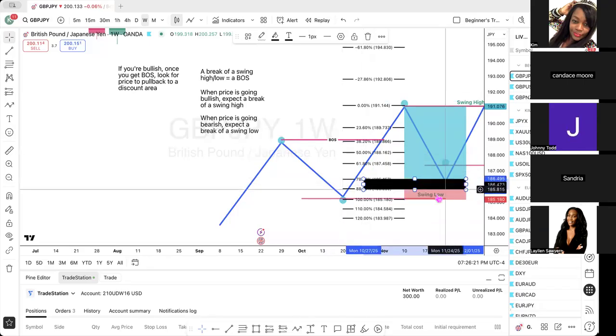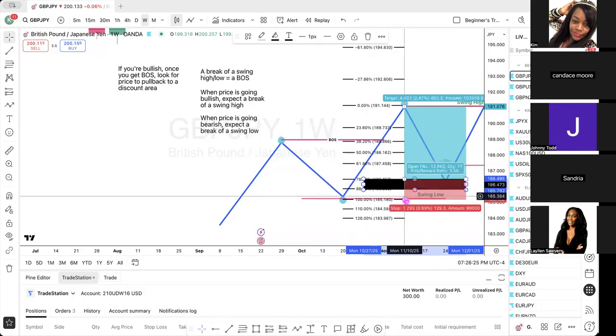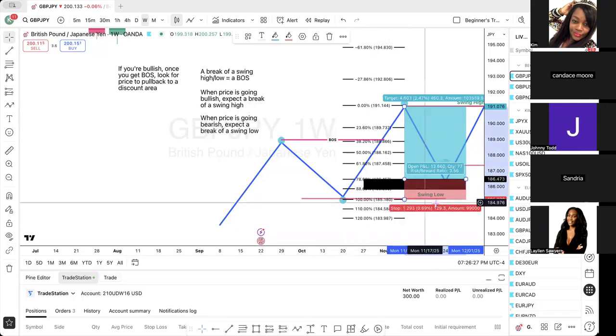Now, say for instance, I see this order block, and let's just say when I did it right now, this is saying 129 pips, right? So let's just say that's too many pips for me. I'm going to show you how to do it, but at some point you're going to have to analyze how much risk you want to put in, meaning how much you're willing to lose.